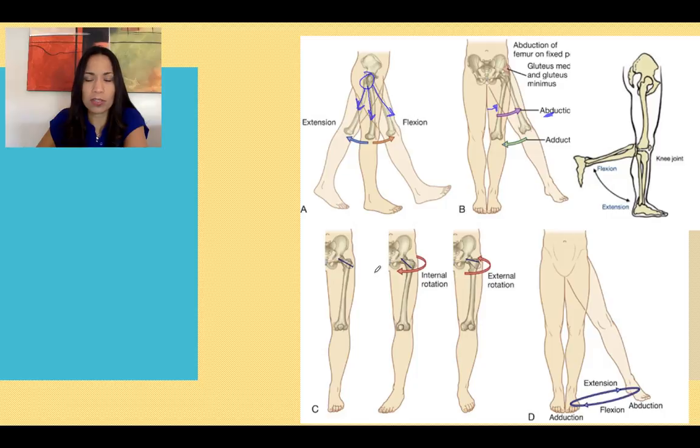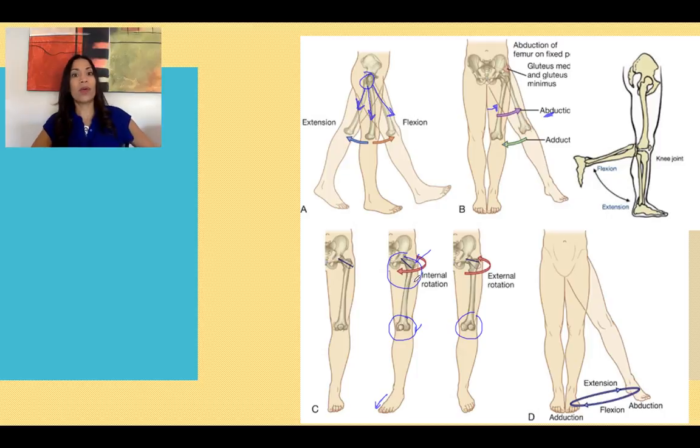Now rotation. Remember, we can perform internal or medial rotation and external or lateral rotation. In this example, the leg at the knee is extended. So see the toes, but this movement is not happening at the knee, it's happening at the hip joint. I want you again to place your hand on your hip joint and perform that movement.